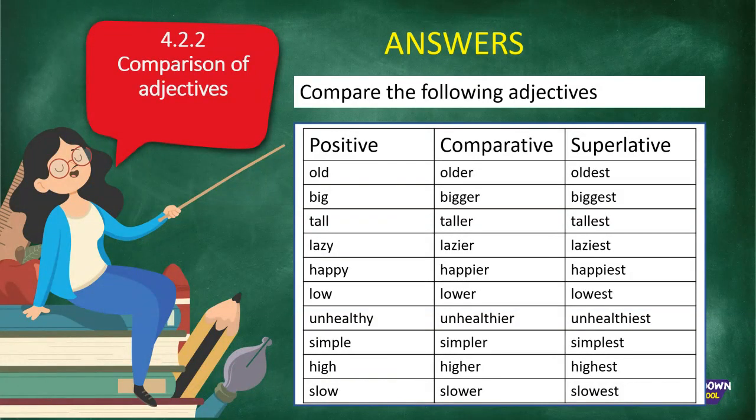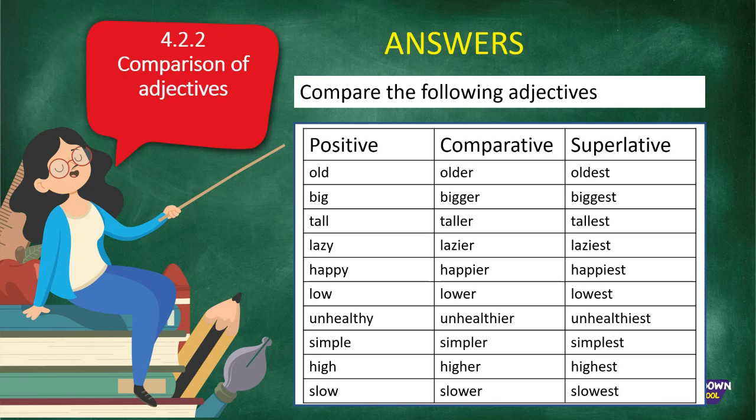So we've got old, older, oldest, big, bigger, biggest, tall. So you're only marking the comparative and superlative sides.